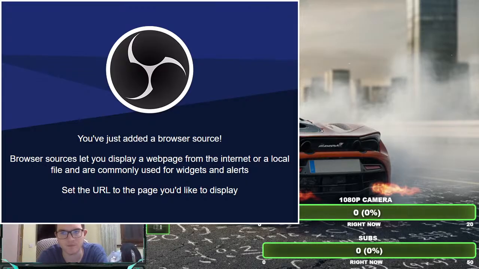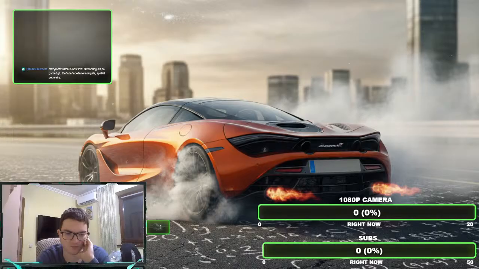So like this. Alright. URL. What? No, no, no, not browser. Not browser. Delete this stuff. Remove. Window capture. Yeah, I guess that.